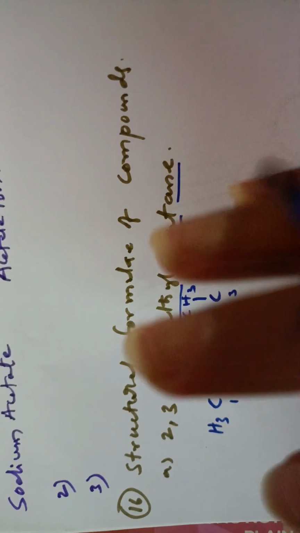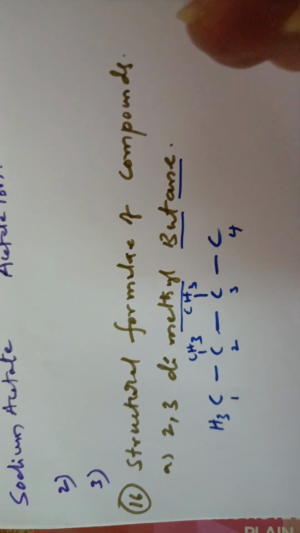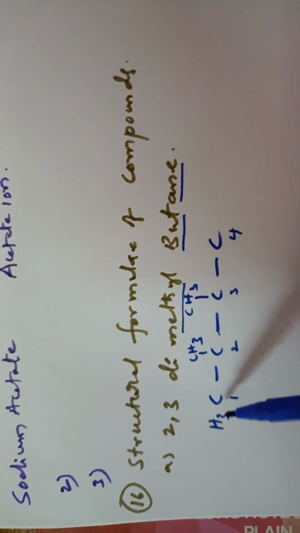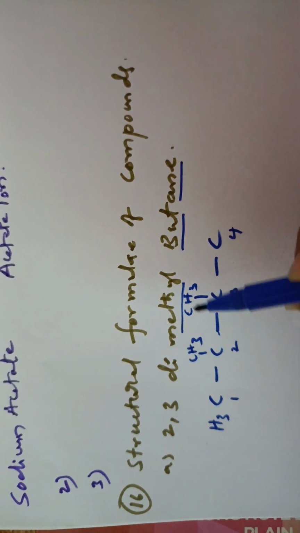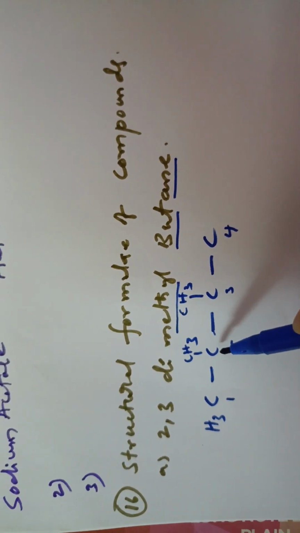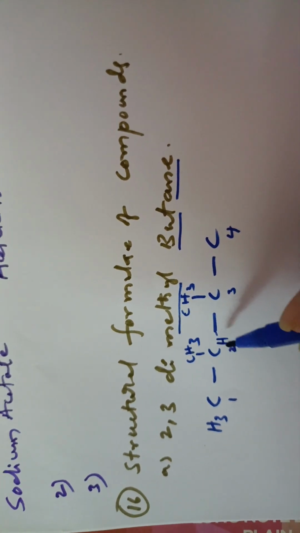Carbon valency is 4. That means it should have 4 bonds. Here CH3 has 3 bonds with 3 hydrogen atoms. Here, the first and fourth carbons are sufficient. Here carbon has 3 bonds and 1 hydrogen is required, total 4 bonds.